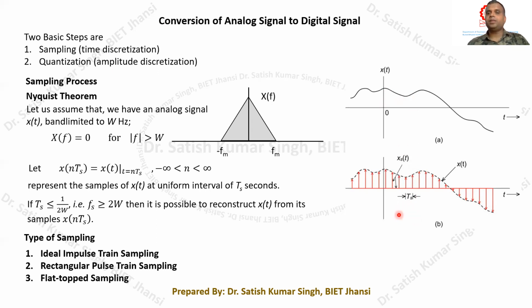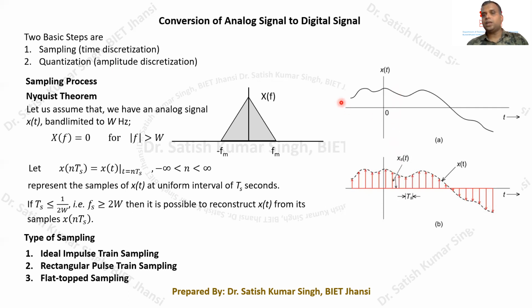In this case, we are not talking about all values of x(t) at every instant of time, but rather we are talking about some regular interval of time, and we have to find the value of x(t) there. For example, at this time instant we can take a sample of x(t), and after Ts seconds, capital Ts, we will again take a sample of this x(t).